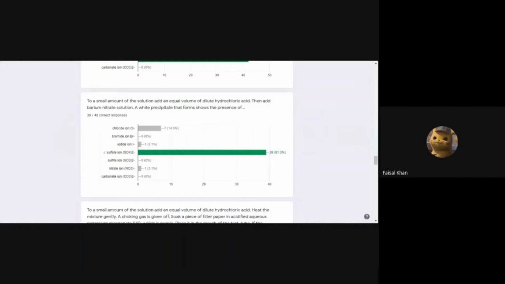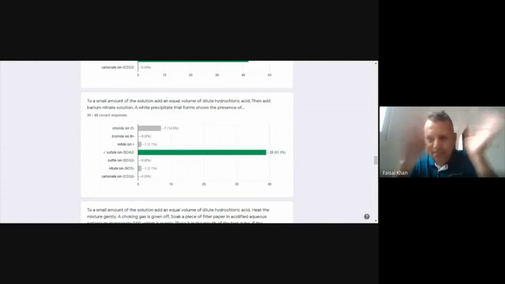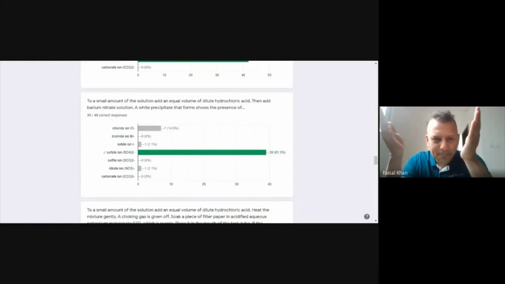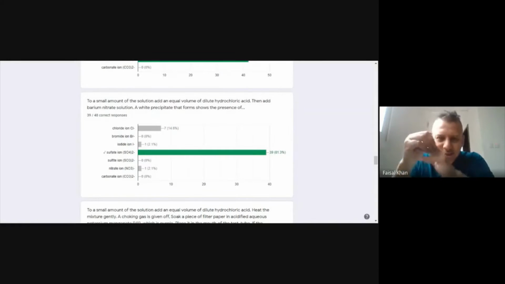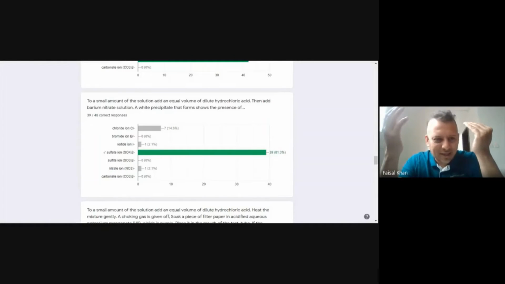Now, the reason why you have hydrochloric acid in there and not sulfuric acid is because if you added sulfuric acid, what would happen? Who would like to take this one? Hazard a guess. Sulfuric acid, right? It's a test of sulfates. Why is it not sensible to add sulfuric acid?